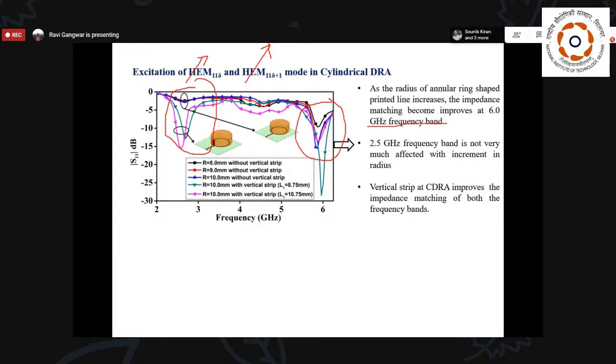The 2.5 gigahertz lower band is not very much affected by the increase in the radius of the annular strip. And the vertical strip basically improves the impedance matching in the lower band. So from here you can see that the annular strip has a prominent effect on the upper band, and this conformal strip has a prominent effect on the lower band.